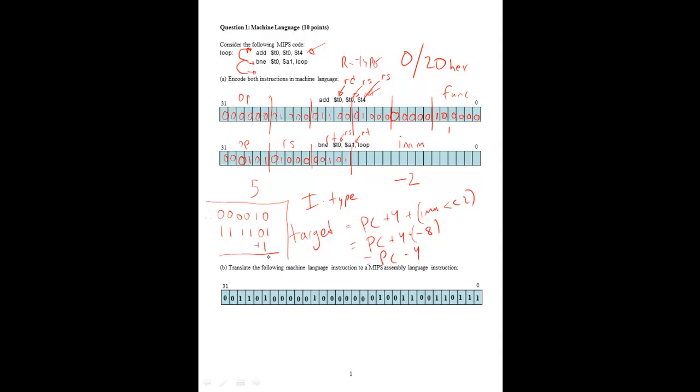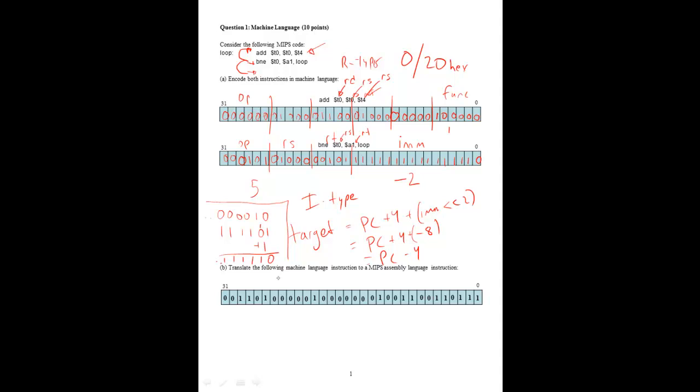And as a result, 1 plus 1 is 0, carry the 1, and then we have a whole bunch of 1s. So the 2's complement representation of minus 2 is a whole slew of 1s followed by a 0.